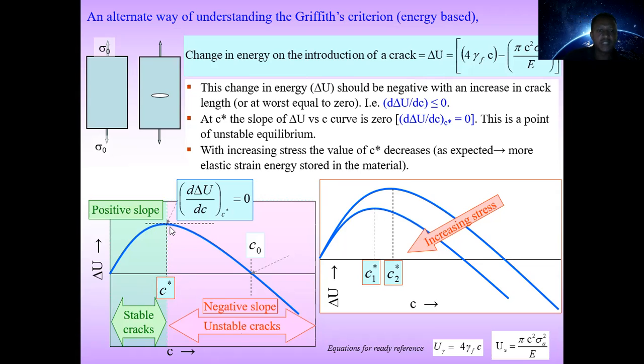At the point where d delta U over dc is 0, which is the critical point, it implies the critical size of crack. So this is the representation for the equations.